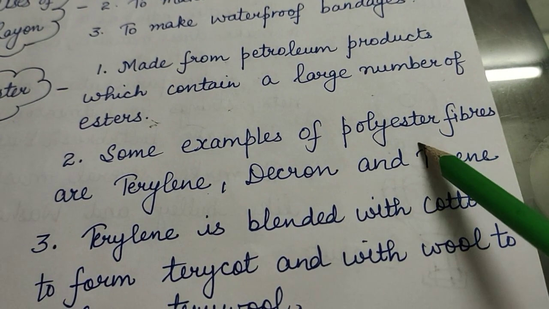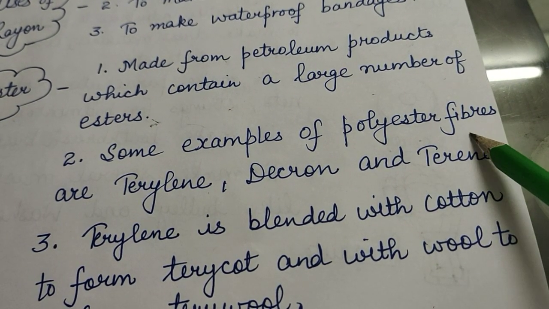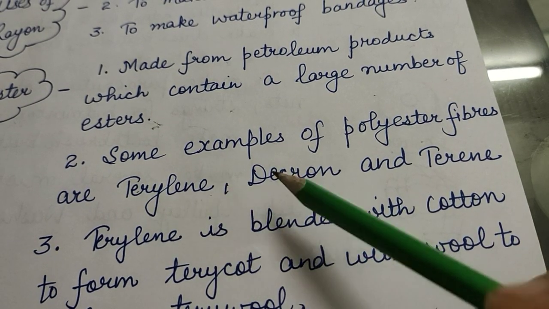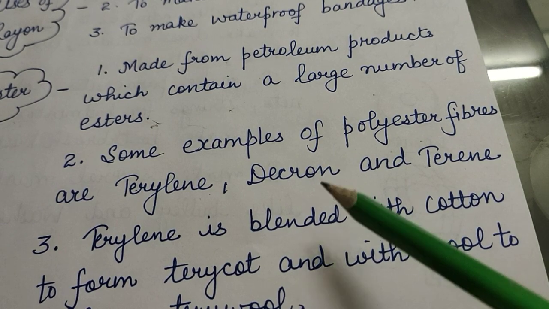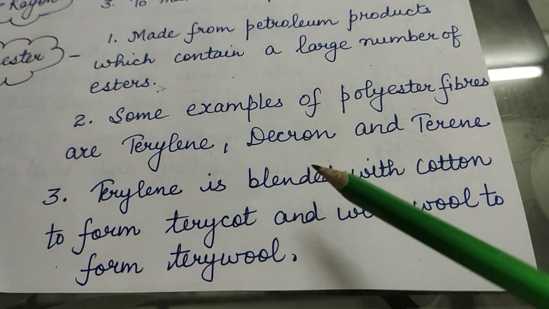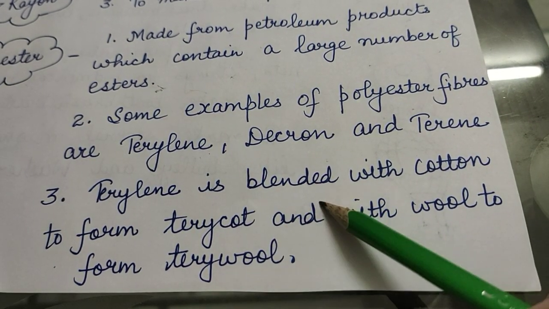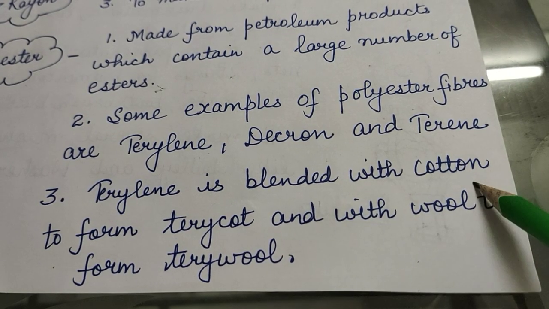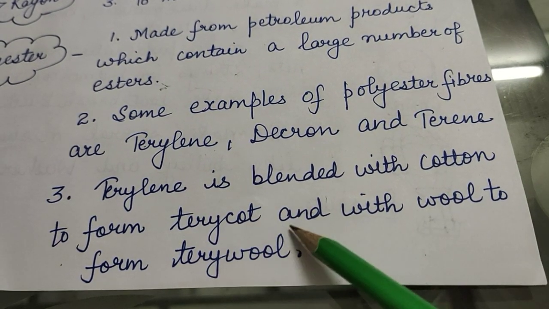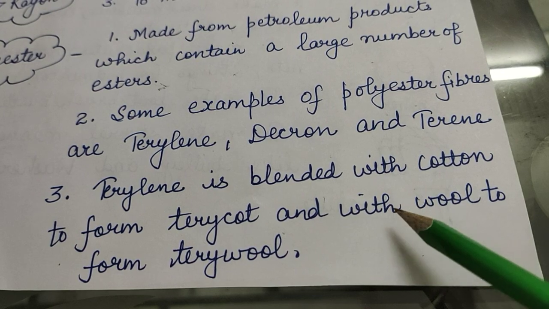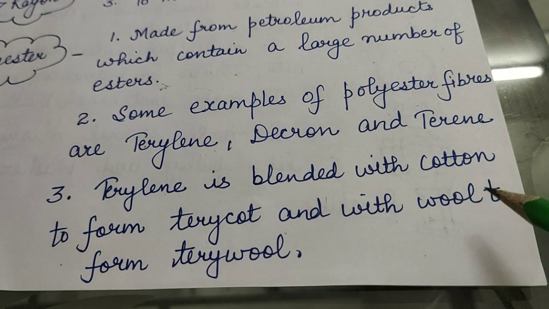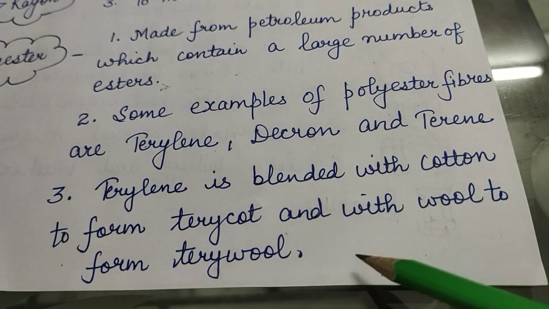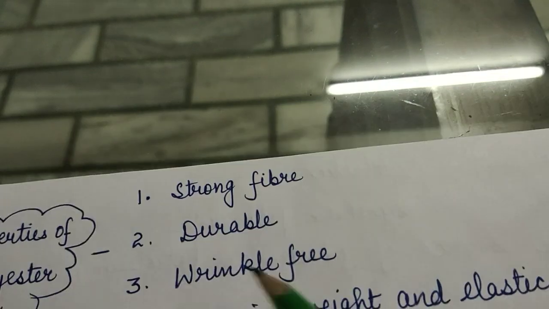And some examples of polyester fibers are Terylene, Dacron, Terene. Third, Terylene is blended, that means mixed with cotton to form Terrycot. And when we combine Terylene with wool, it gives you Terry wool.